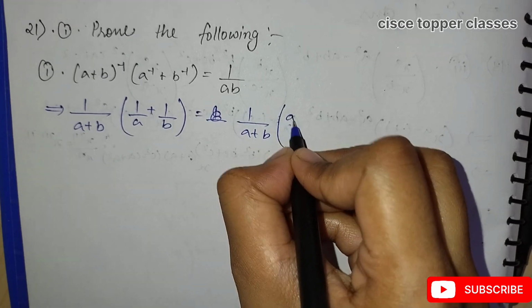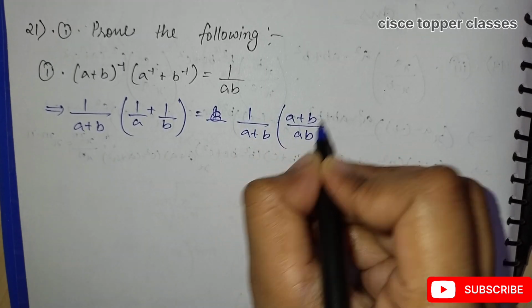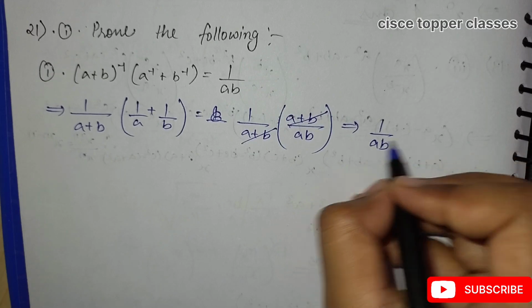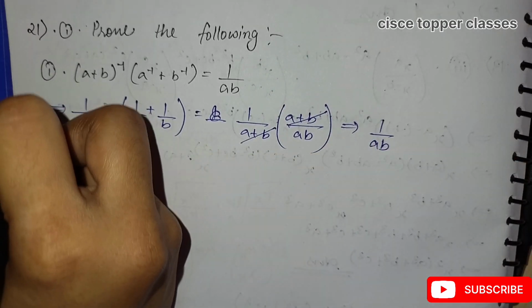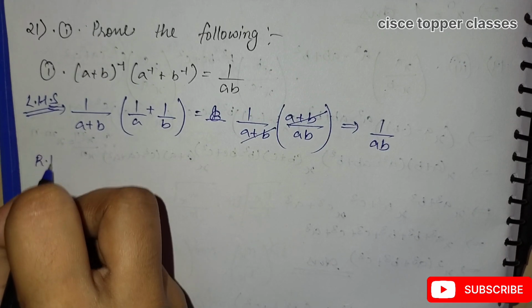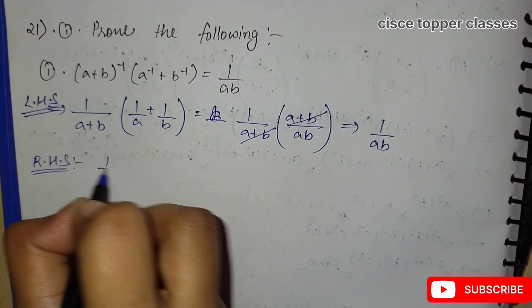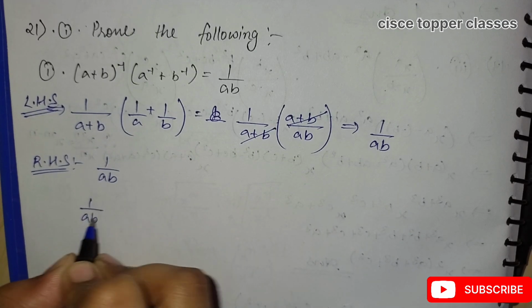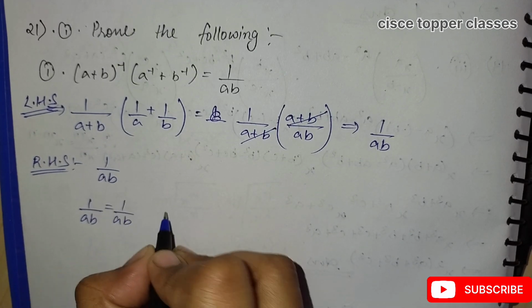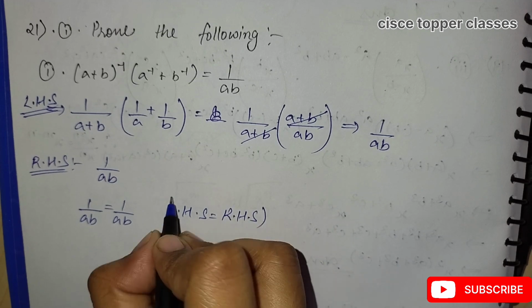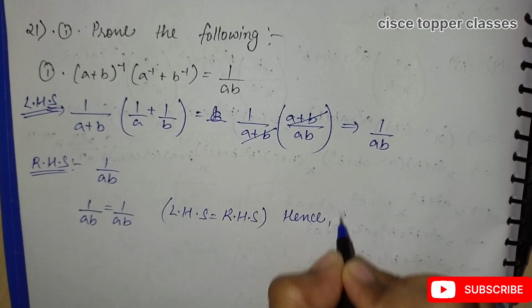Here also taking LCM, a plus b divided by ab, this will be cancelled out, and 1 by ab will be the final answer. Hence this is the LHS part, and now the RHS part here is 1 by ab. So here LHS and RHS are equal, hence proved that 1 by ab is equal to 1 by ab, means LHS is equal to RHS, hence proved.